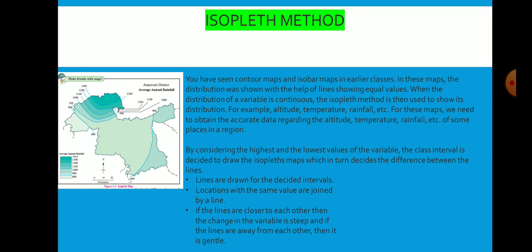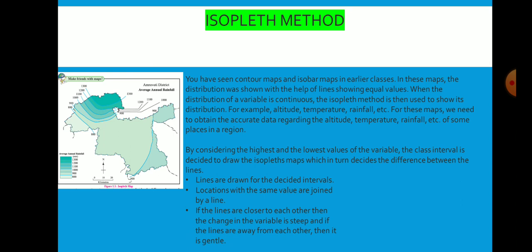Statistical data belongs to the respective places. Such data is known as point-related data. Okay. Now, on the basis of this information, isopleth maps are prepared using the steps below.